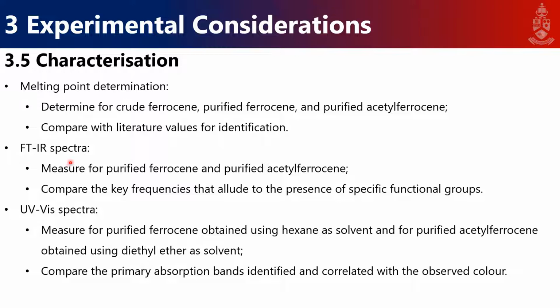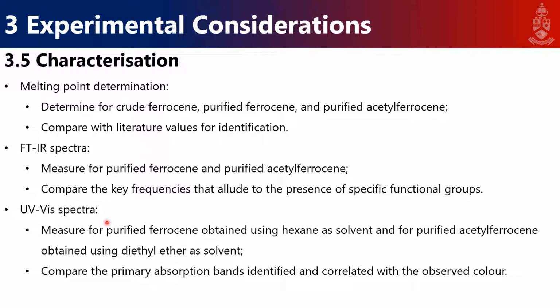We'll also provide you with FTIR spectra. You'll measure this for ferrocene and purified acetylferrocene, where you'll just compare the key frequencies which allude to specific functional groups. In other words, what are the differences between these two once again? So to ensure that acetylation occurred, essentially.